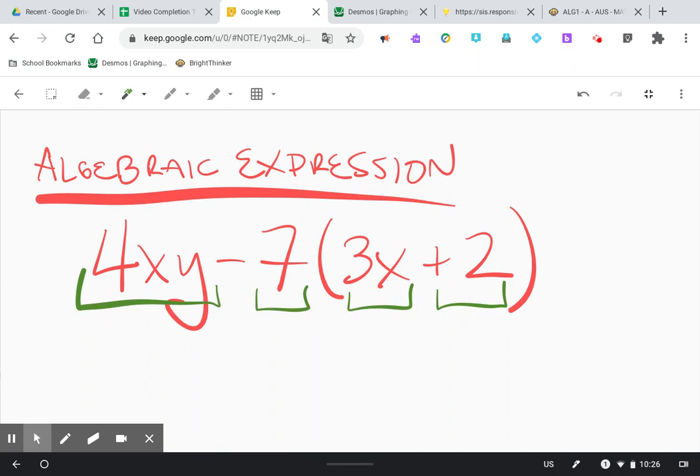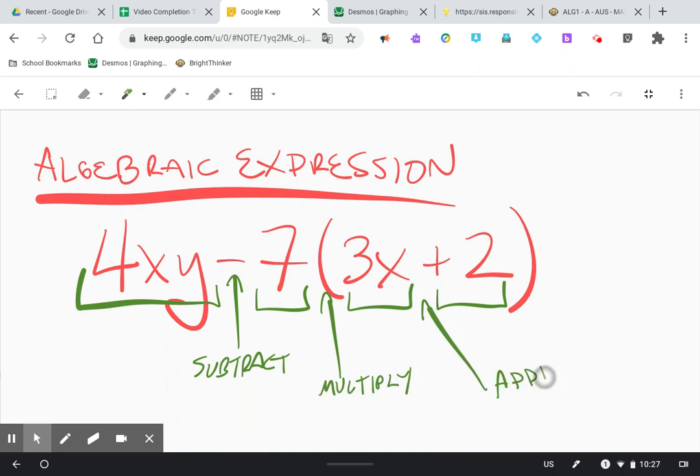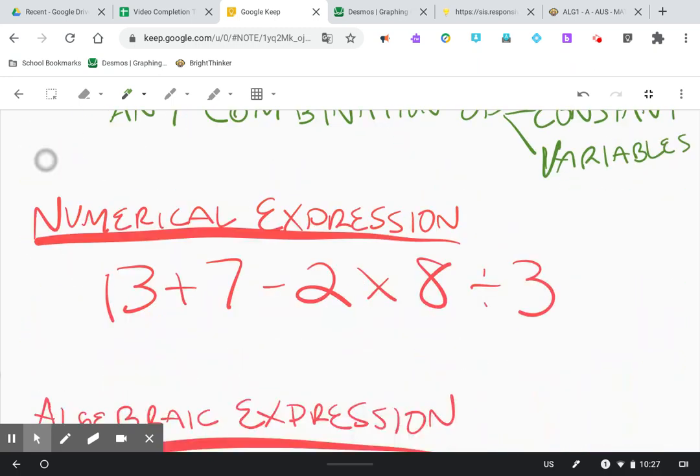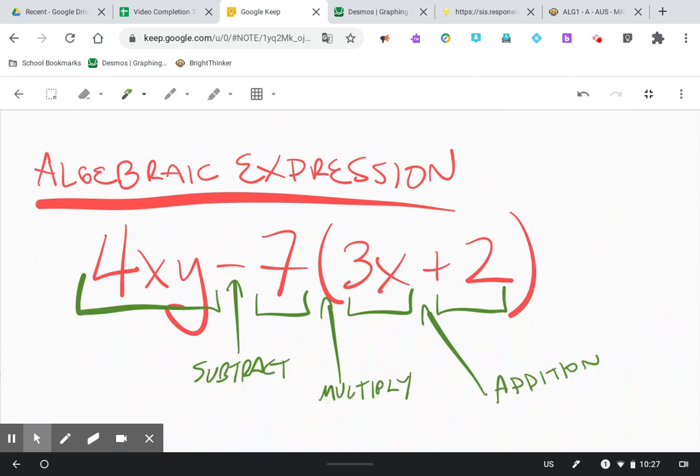And all these terms are being combined in some operation. We have subtraction, we have multiplication there, and we have addition here. So an algebraic expression is any terms that are being joined together by addition, subtraction, multiplication, any operations. So we're combining operators with terms, and we form what's called an algebraic expression.